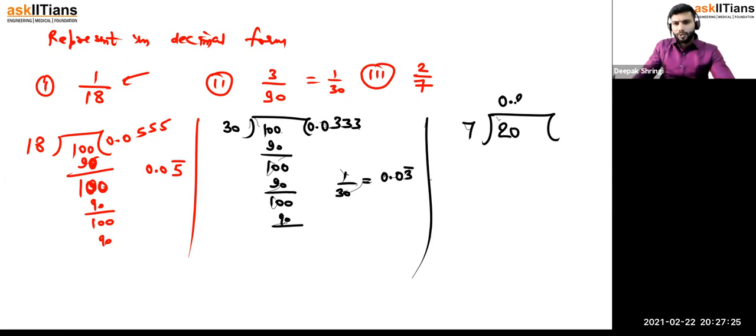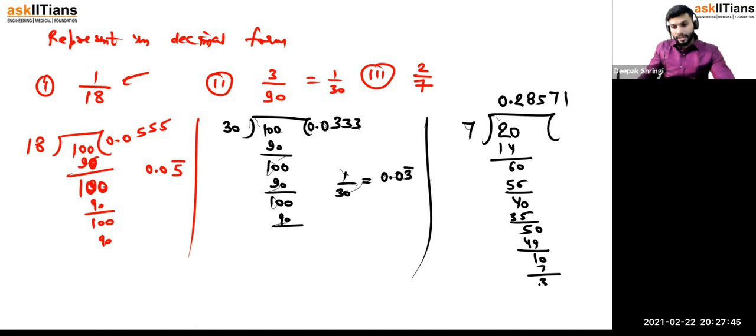Right, 7 and then 2, so there's a 0. Sorry, there's 0. 7 2s are 14, 6 will remain. Okay, 7 8s are 56, 4 will remain. 7 5s are 35, 5 will remain. 7 7s are 49, 1 will remain. Okay, 7 1s are 7, 3 will remain. 7 4s are 28, oh my god, 2 will remain.